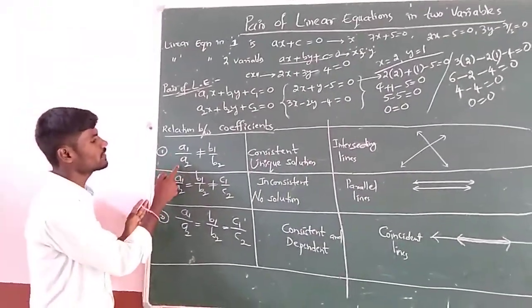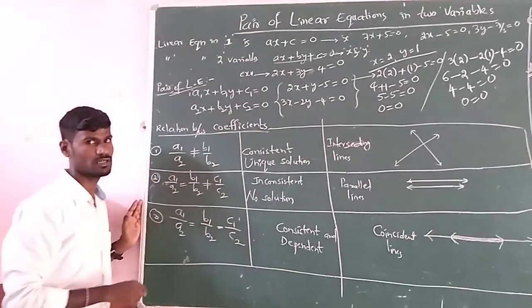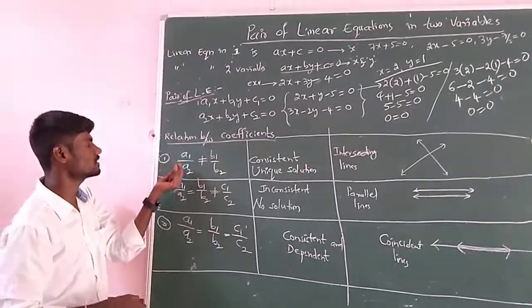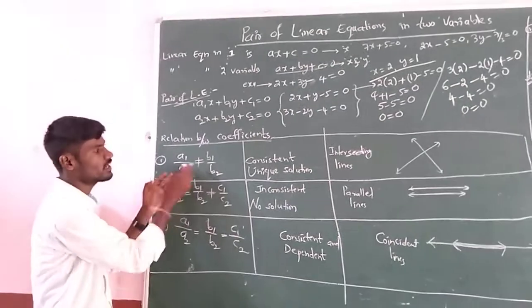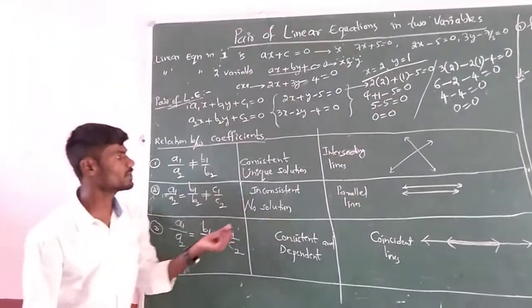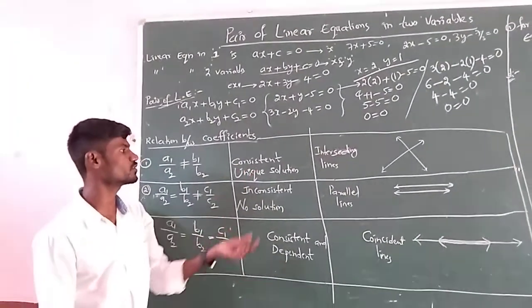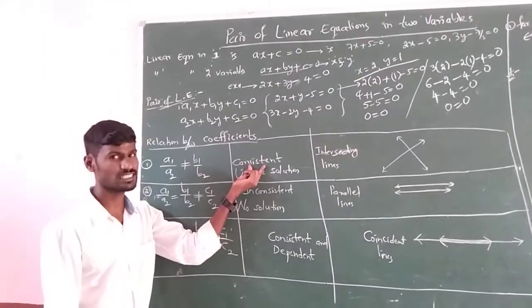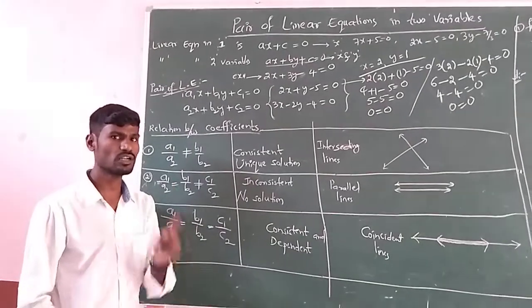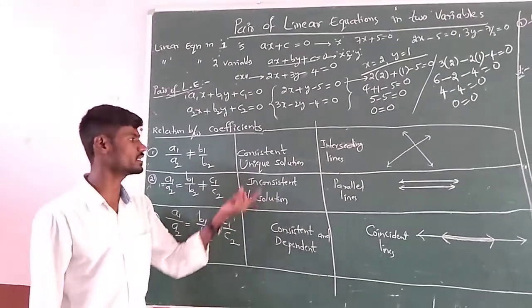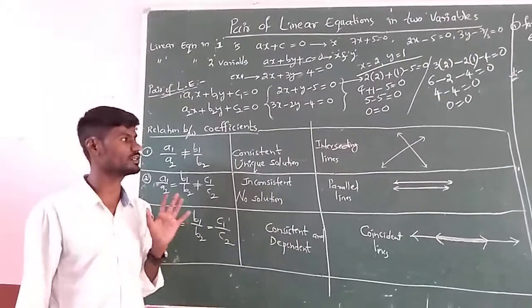If A1 by A2 is not equal to B1 by B2, meaning the x coefficients ratio and y coefficients ratio, nothing but division, are not equal, then that type of equations is said to be consistent, and there exists a unique solution. Unique means one and only one solution we will get.